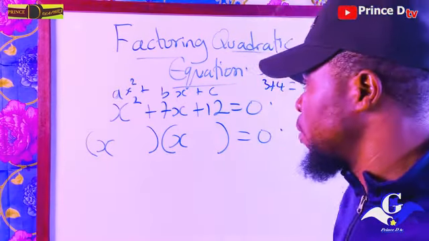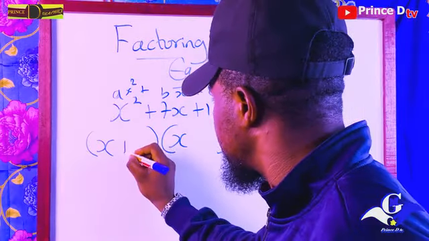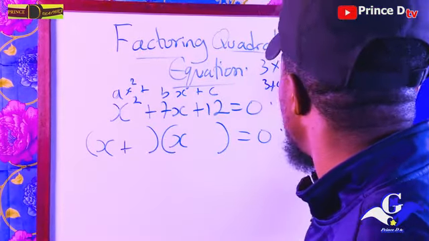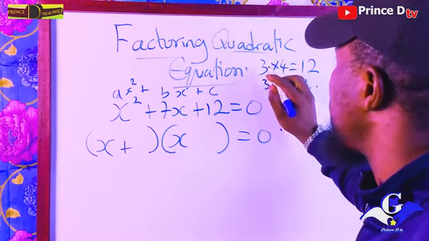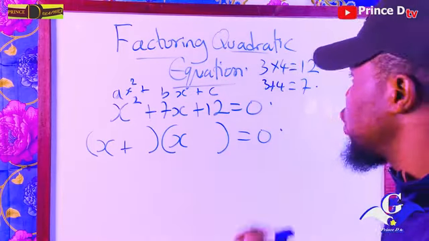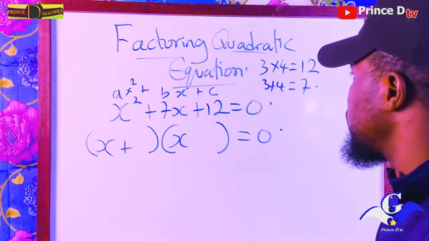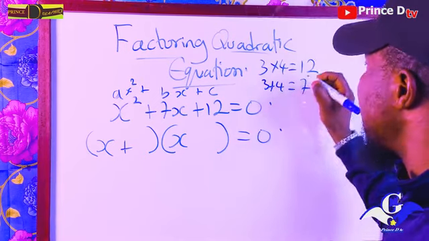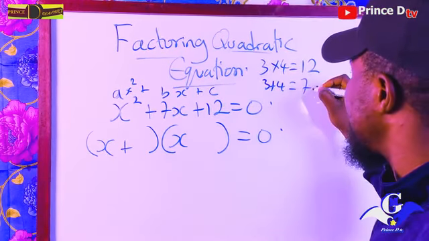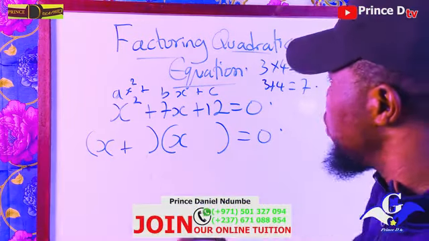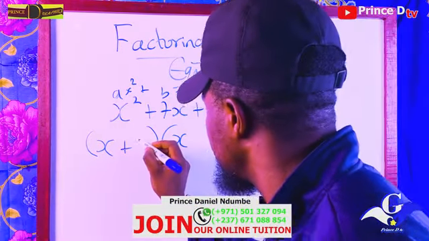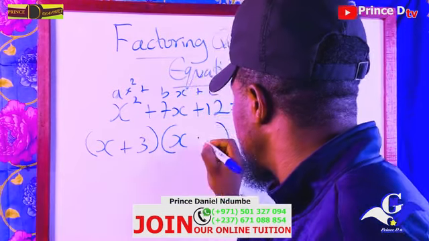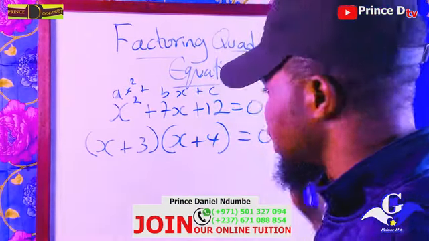So now I have x plus 3, and remember, positive 3 and positive 4, not negative 3 or negative 4, exactly as the numbers are being multiplied and added and giving me the constant c and the constant b. That is how I put them. So it is plus 3 and plus 4. So I have my x plus 3 and x plus 4, all this equal to 0.